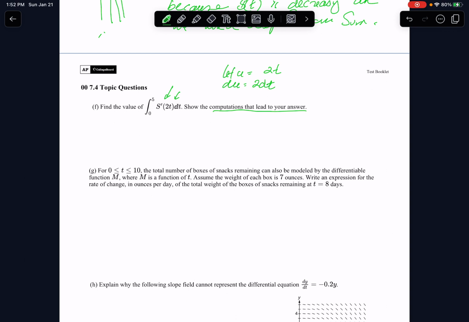So when we take our integral, we can rewrite it, 0 to 5. So dt is du over 2. So we have 1/2. Now we changed our bounds, multiplied by 2, so this would be 0 to 10. So we now are going from 0 to 10, 1/2 of, oh sorry, it's S prime of u du.